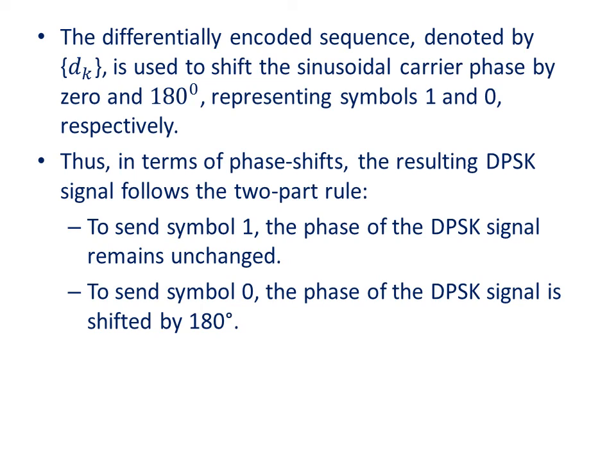Thus, in terms of phase shifts, the resulting DPSK signal follows the two-part rule. To send symbol 1, the phase of the DPSK signal remains unchanged, meaning we are not going to change anything. To send symbol 0, the phase of the DPSK signal is shifted by 180 degrees with respect to the previous one.